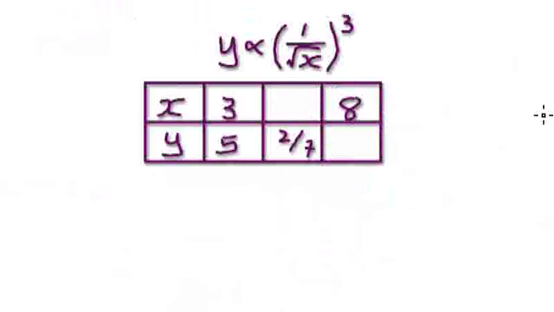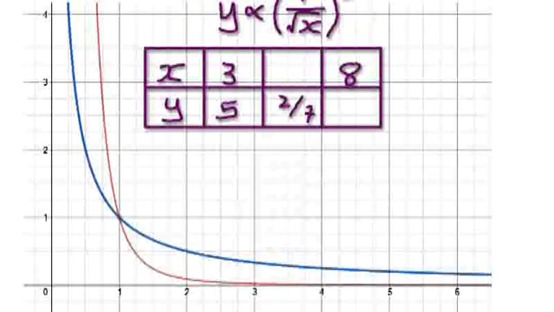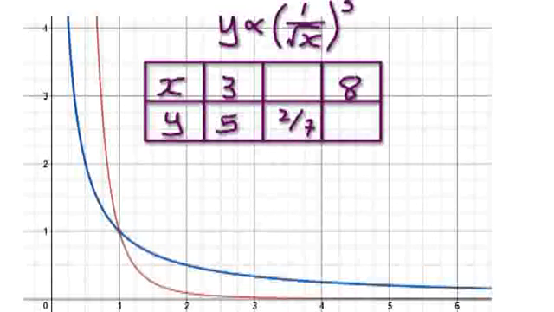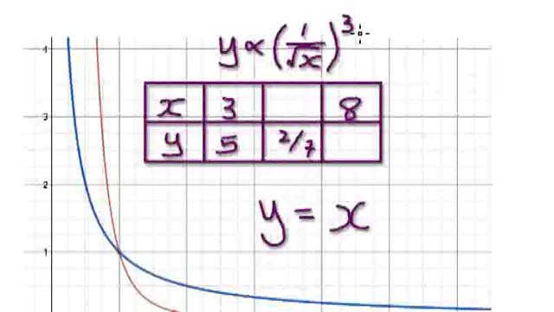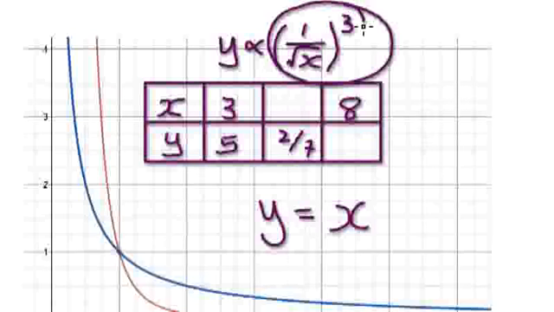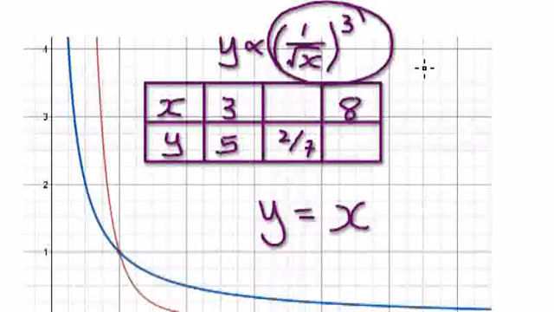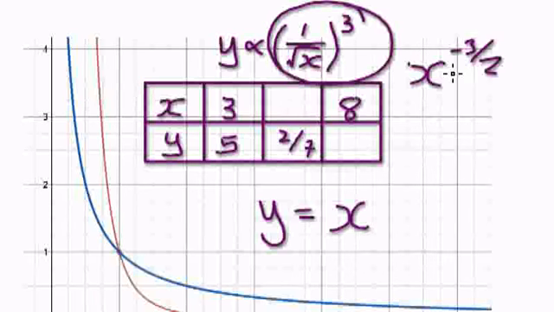Okay, and just to give you a rough idea of what it would look like, if you plot a graph, remember this whole thing here equates to x to the power of minus 3 over 2.